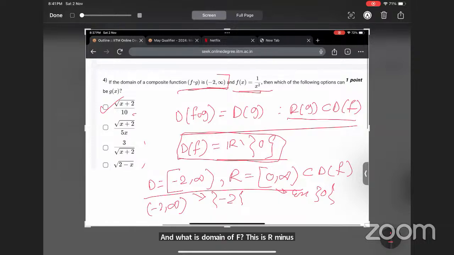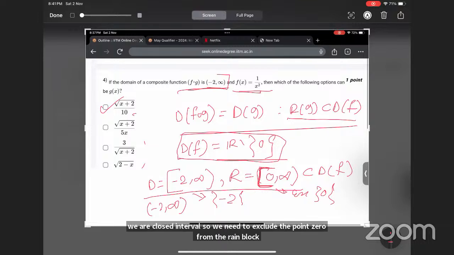Yes, domain of F doesn't include the point 0, but range of G includes the point 0 here, right? We have a closed interval. So we need to exclude the point 0 from the range of G. Then it will be a subset of domain of F, right?